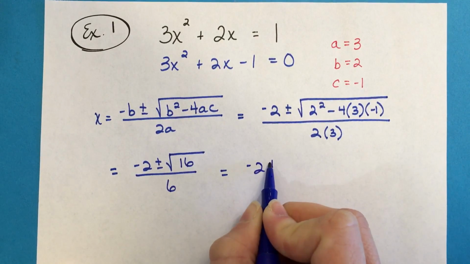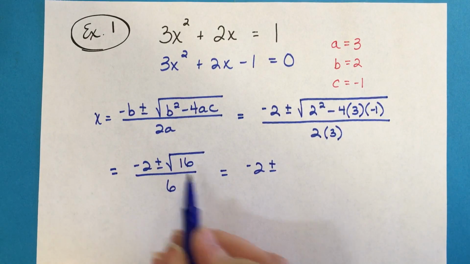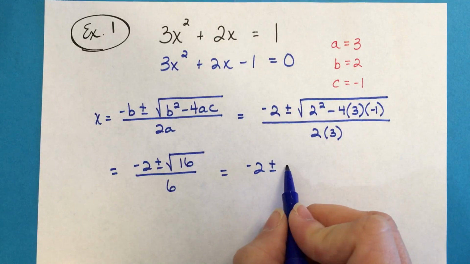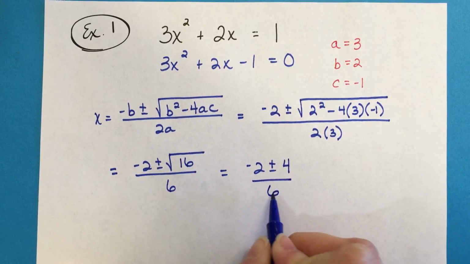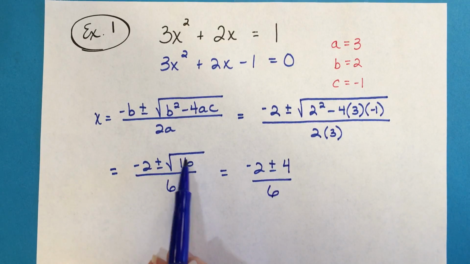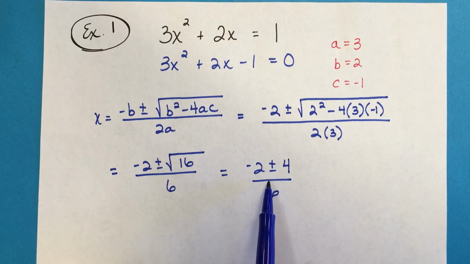Your next step will be to simplify your radical. 16 happens to be a perfect square, so the square root of 16 will just give you the whole number 4. Now, in this case, since it worked out and was a perfect square, you don't have your radical sign left anymore, so I will expect you to do the 2 calculations, meaning work this out using the plus sign and then using the minus sign.